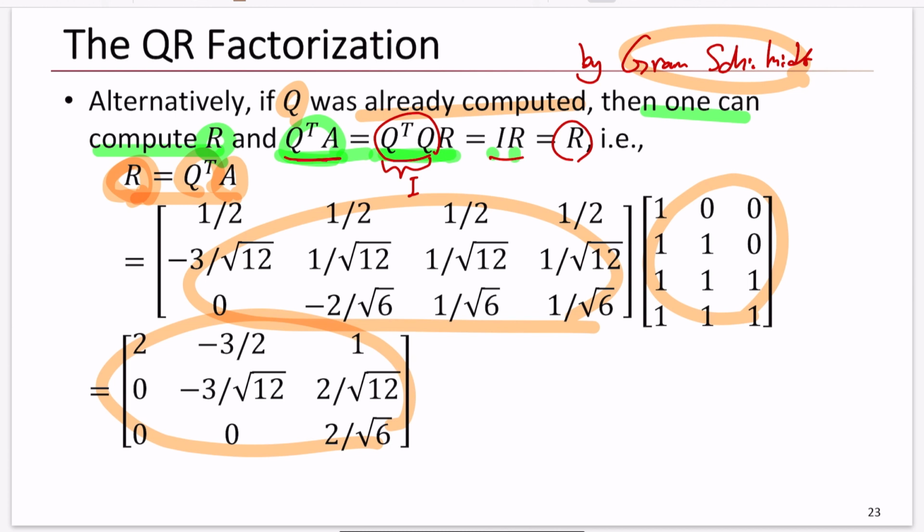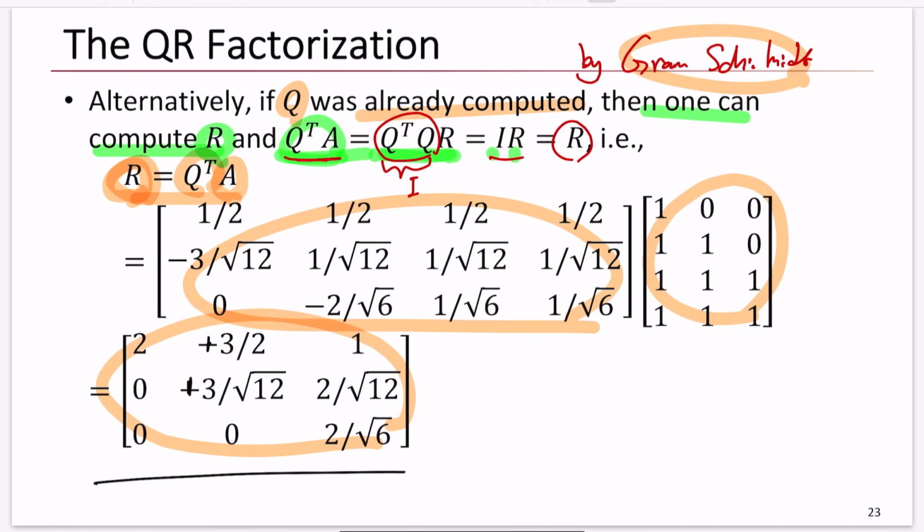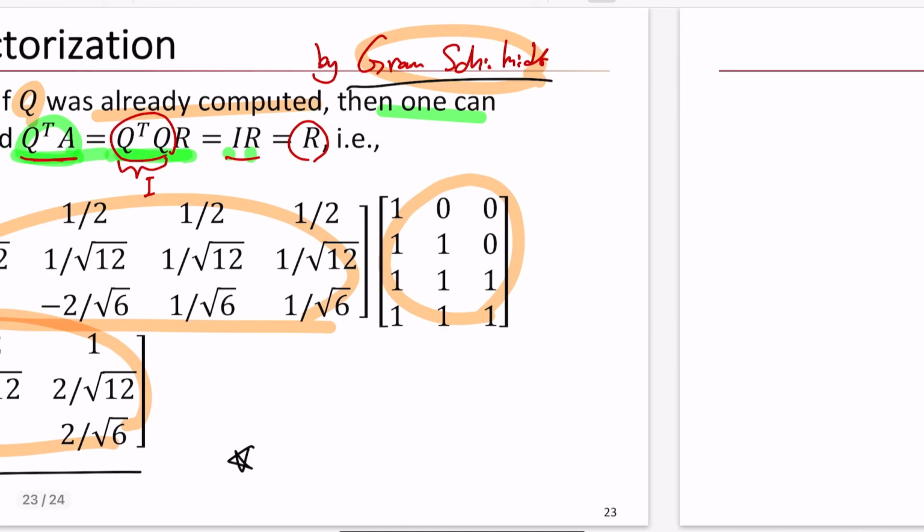This is R. So we can find the matrix R by first computing Q with the Gram-Schmidt process, and then just computing Q transpose A. That's the QR factorization.